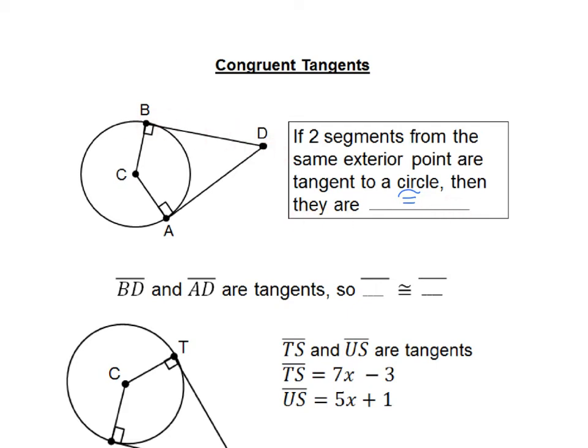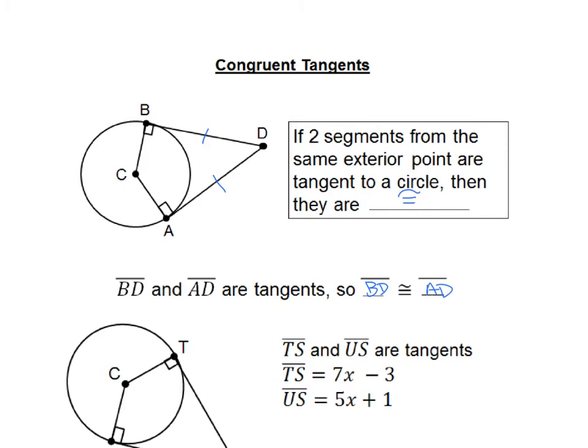So therefore, because tangent BD, and I can prove that it's a tangent because I see that it's perpendicular to the radius, BD is a tangent and AD is also a tangent. So because both of these tangents are coming from the same exterior point, then they are marked as congruent. So BD is actually congruent to AD.